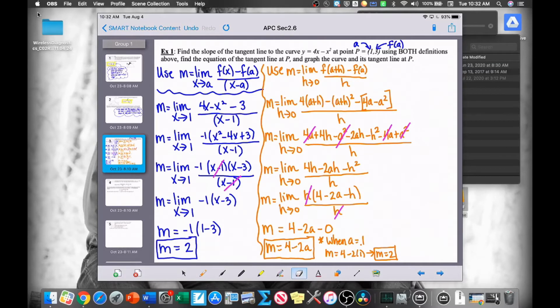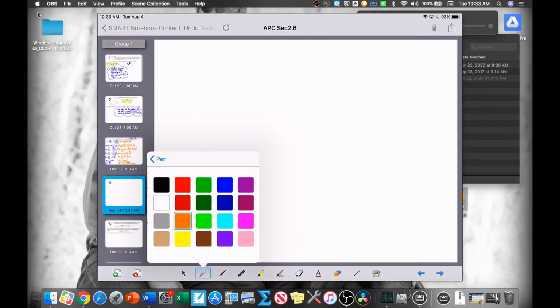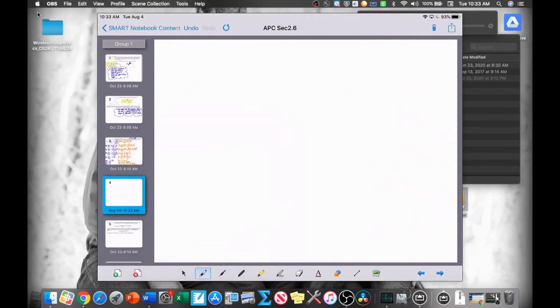All right, so now that I know that my slope is 2, it's time to write the equation of our tangent line. And we know from Algebra 1 that to write an equation of a line, we need a slope and a point so that we can do point-slope form. Well, now we know our slope is m equals 2, and we know our point, which is a, f of a, and that is the point (1, 3).